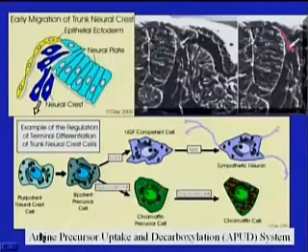So they have to have a way to take up the amine precursor and ultimately to decarboxylate it so that it produces one of the biologically active monoamine molecules that can act either as a neurotransmitter or a hormone. So therefore, the amine precursor uptake and decarboxylation system.